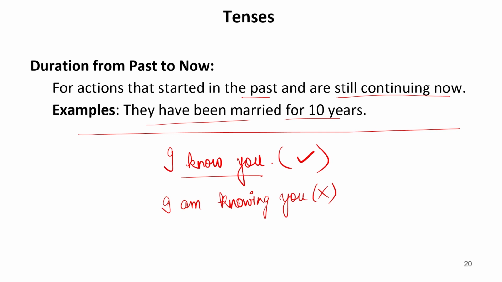So I cannot say I'm knowing you. Instead, I say I know you. Such sentences, which cannot be written in continuous tense, can be written only in present indefinite tense. If we add time with them, they should be written in present perfect tense.